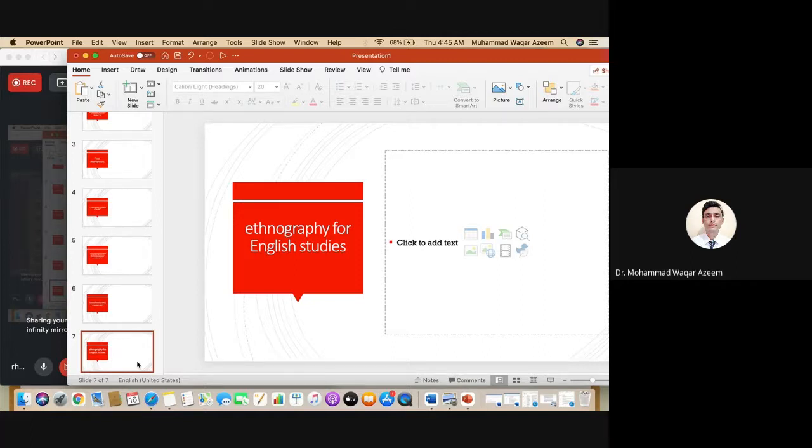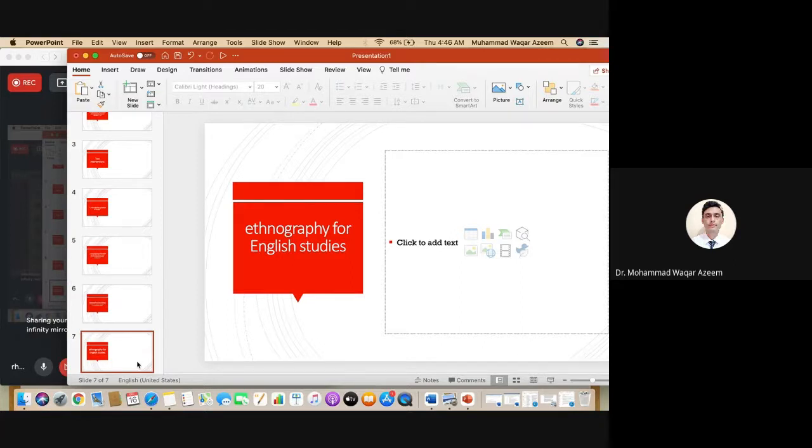So, for example, if you are working on a 19th century British novel, any particular novel of a particular time period, you might claim that you are going to do an ethnographic analysis of that particular novel.